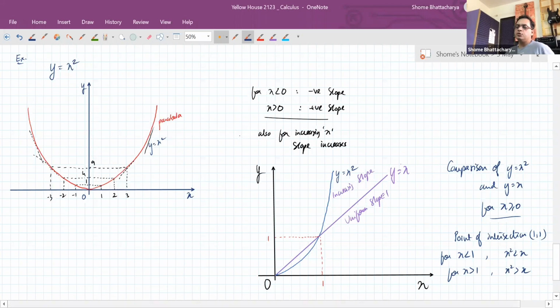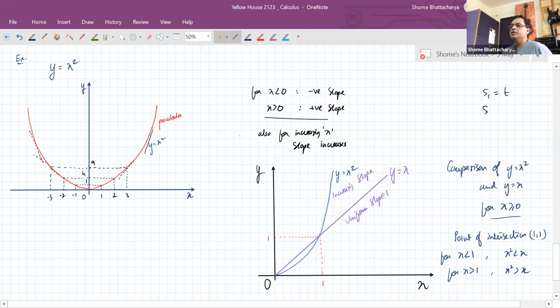These are all some of the aspects about the comparison of the two. So physics wise, if you're using this to relate something, for example, one object is moving according to the displacement s is equal to t. So it has a uniform speed of 1 meter per second.